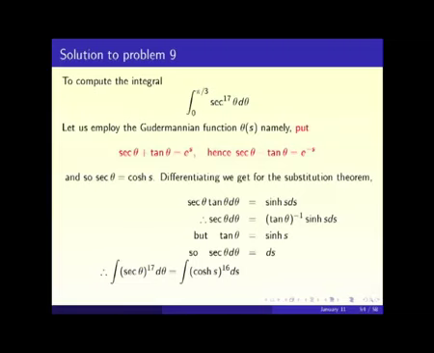So your integral secant to the power 17 theta d theta will become integral secant to the power 16, which is hyperbolic cos s to the power 16 times ds.